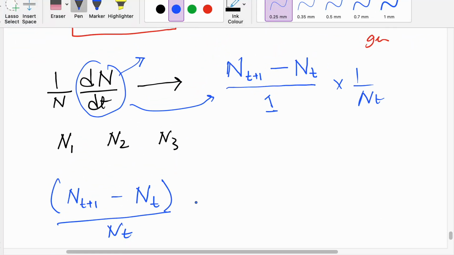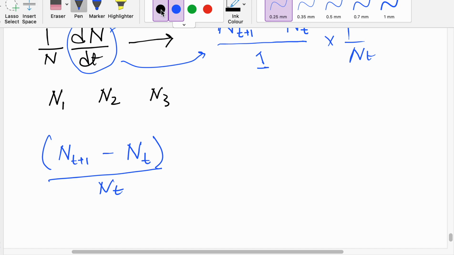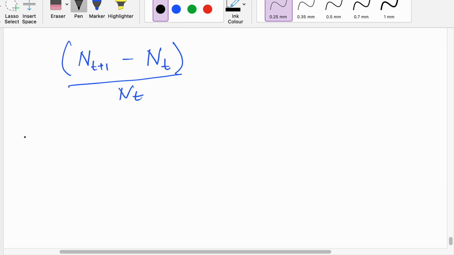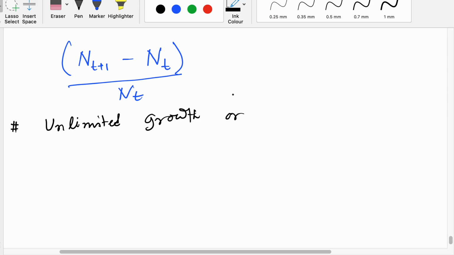Okay, then first of all, let's see the unlimited growth model, or what you say, the exponential growth, right? So now you can guess what it should be if I go with similar logic as the continuous model.